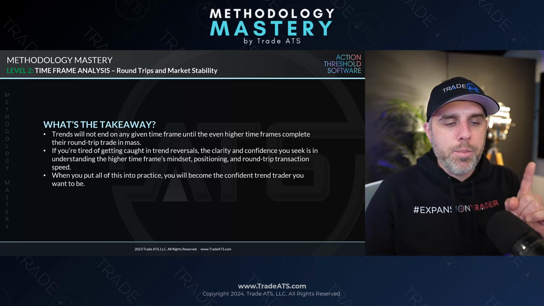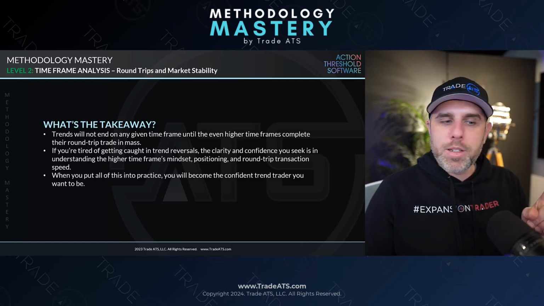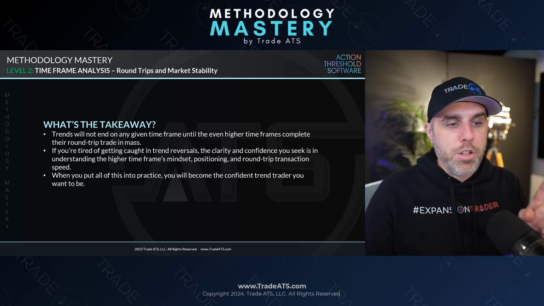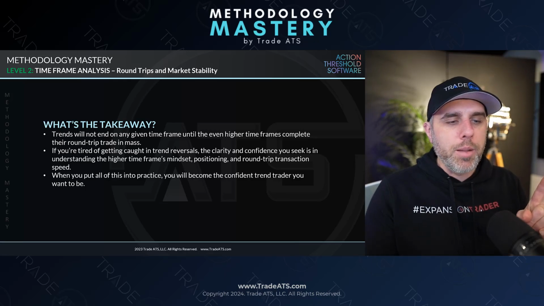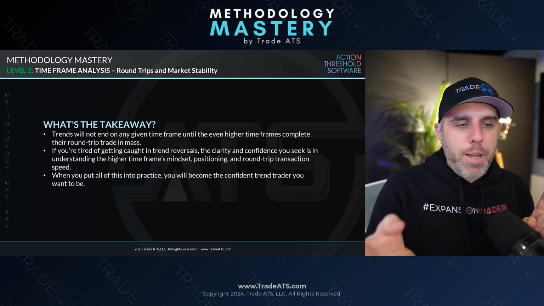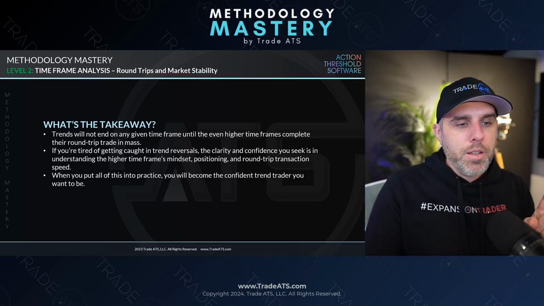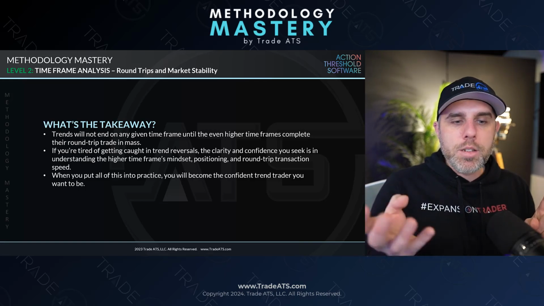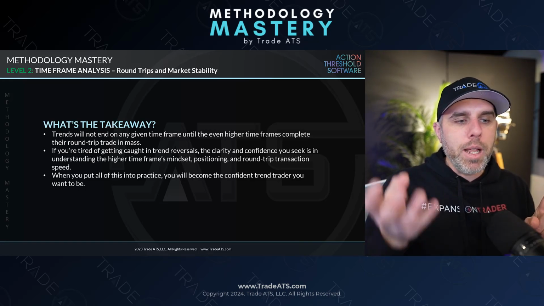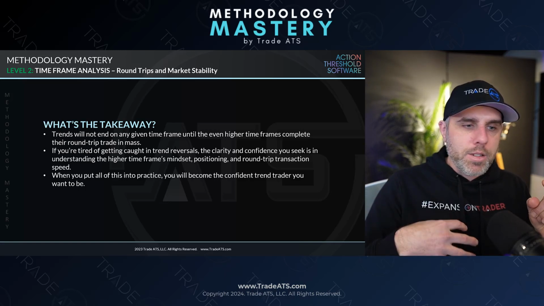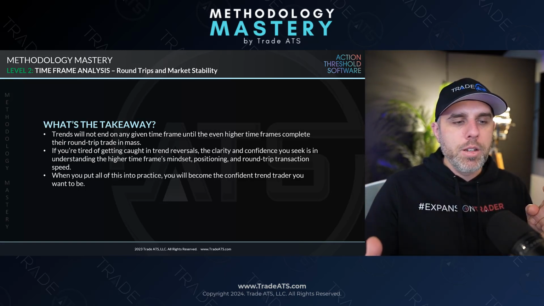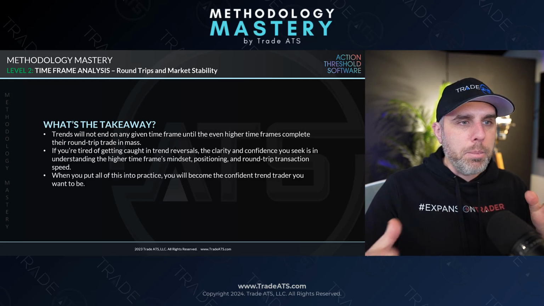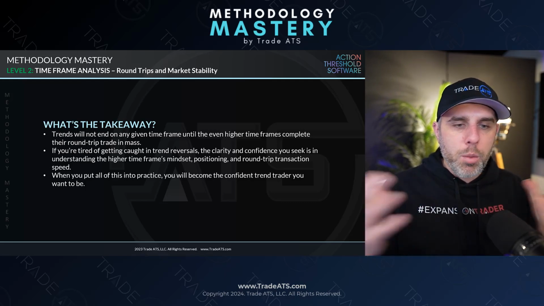So if our higher time frame trade is up, round trip is still intact as far as we can tell, it's going up, and we see something undervalued on the lower time frame, those people on that time frame are selling. They are making the wrong decision. And we need someone to make the wrong decision in order to make the right decision. And so we are coordinating our trading efforts with the best practices of how the market works, all put together.